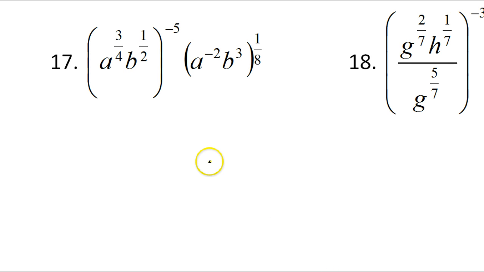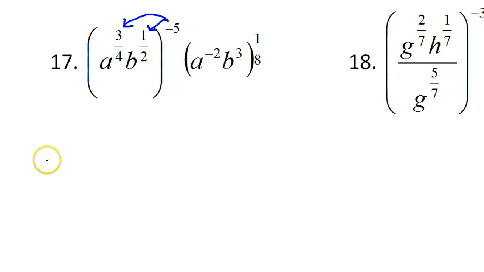Okay, let's take a look at number 17. What happened to the easy problems that we had before? Let's see, is there anything I can do inside? No. So, when you have a power raised to a power, you multiply. So I'm going to wind up multiplying all of these things.